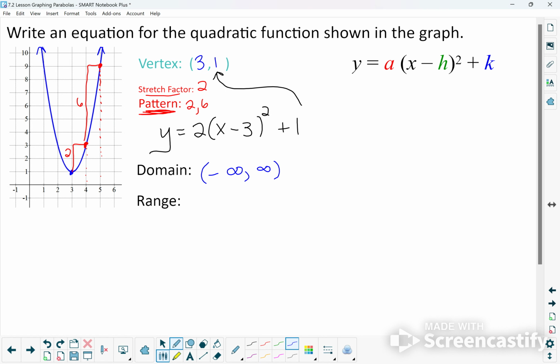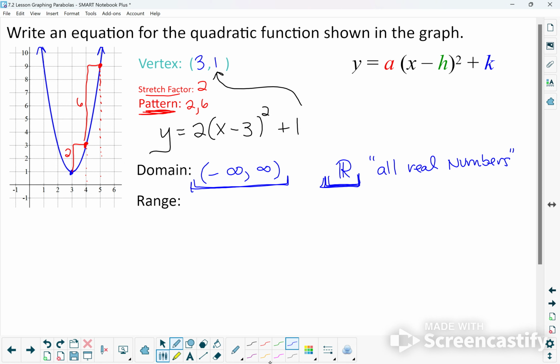They do still have a domain of all real numbers. And remember, you can use this symbol for all real numbers if you like. So both this symbol for all real numbers or writing it in interval notation as negative infinity to infinity are both acceptable for the domain of this graph.